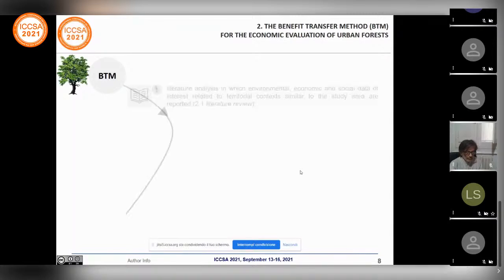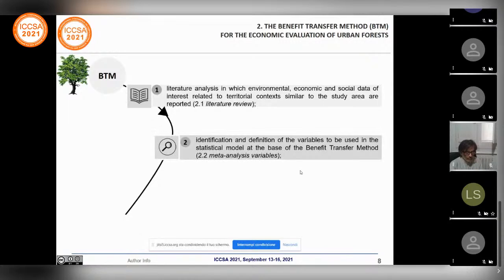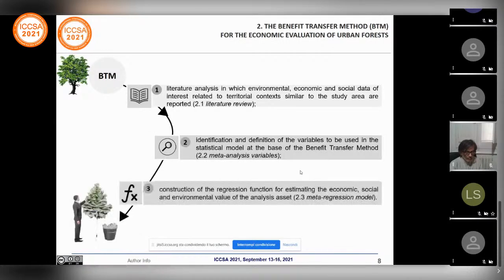The method is divided into three steps, which regard specifically the literature review, the identification of meta-analysis variables, and the construction of a regression function that is used to estimate the economic, social, and environmental value of the analyzed assets, so the meta-regression model. The principal aim of this contribution is to define the total economic value of a nature-based solution, such as the urban forest.